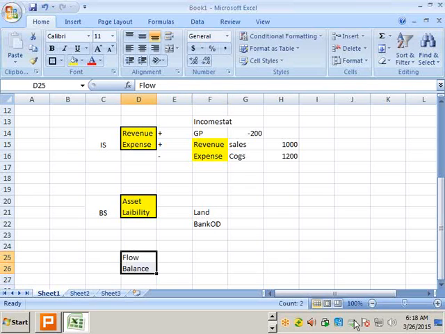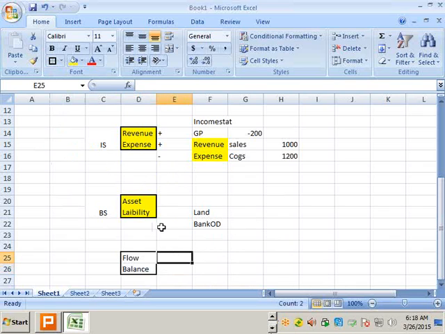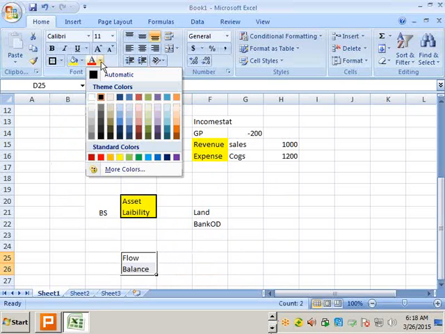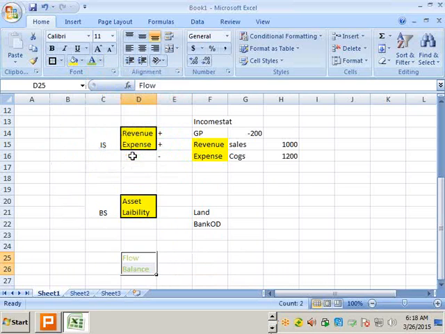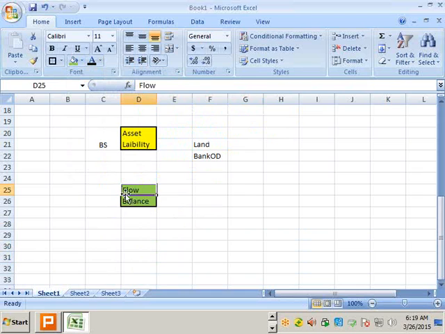What is the difference among asset and liabilities, revenue and expense, and flow and balance? What is the difference among these three? Why are we using flow account type and balance account type?